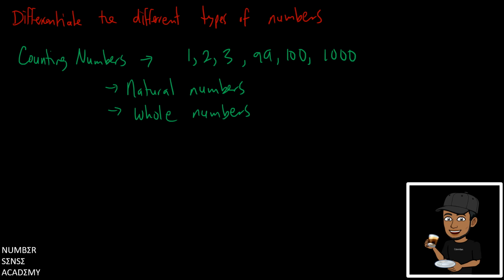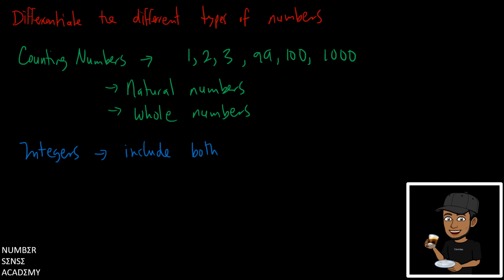The next set of numbers that we have, which are very important, they're all important, but we have integers. Okay, and integers include the positive and negative numbers.